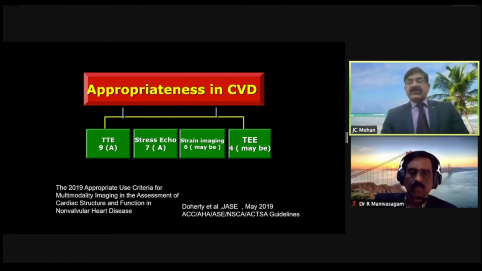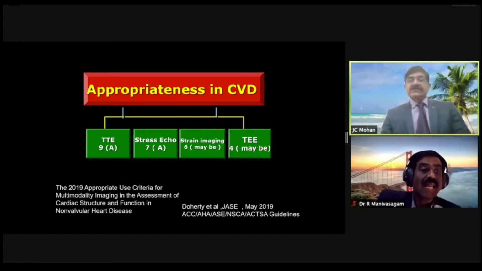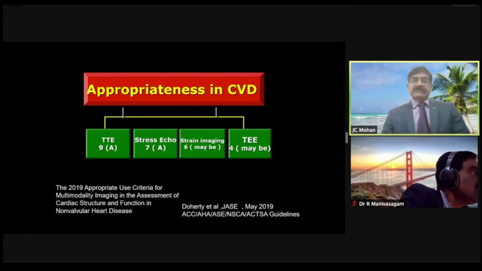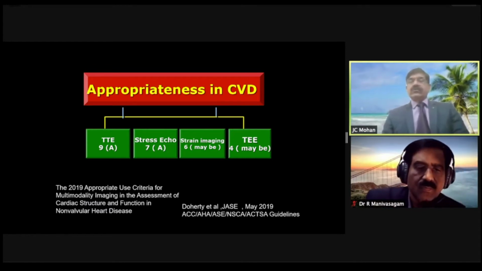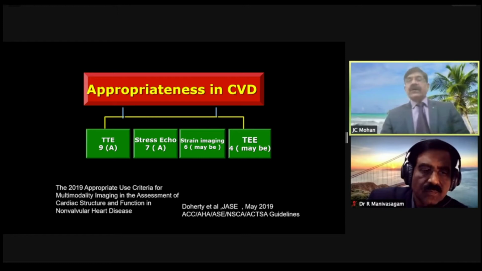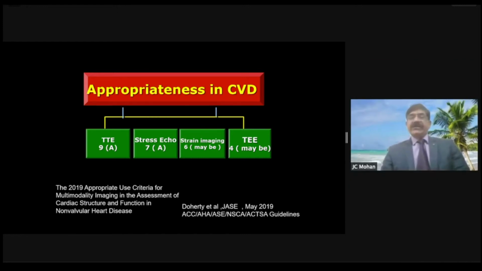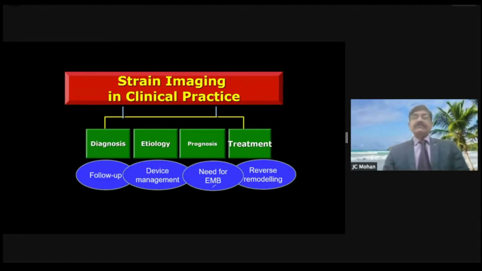The 2019 appropriateness criteria suggested by ACC/AHA and jointly endorsed by the American Society of Echocardiography suggest that strain imaging is an appropriate technique for diagnosis of cardiovascular disease. Out of a total score of 9 for all cardiovascular diseases, strain imaging scores 6 points, indicating that it is indicated in most diseases of the cardiovascular system.